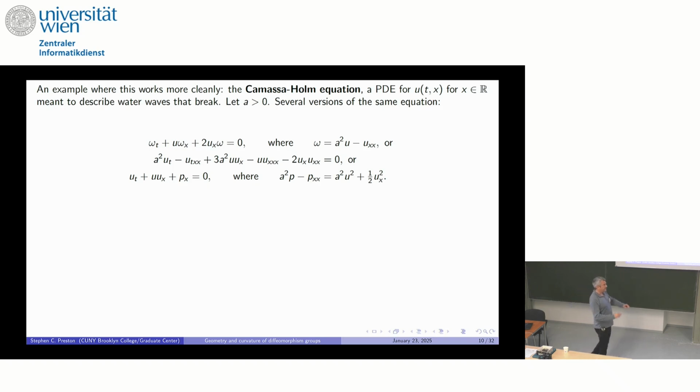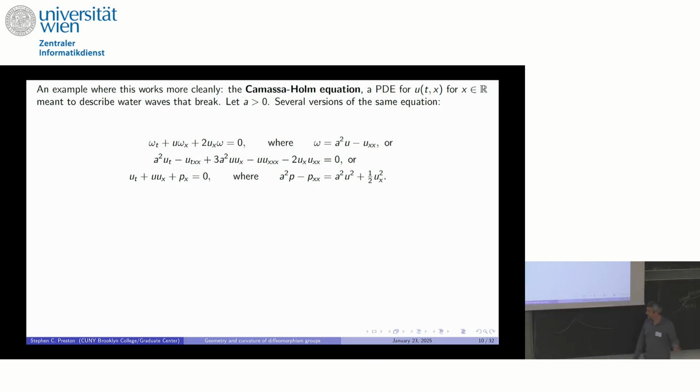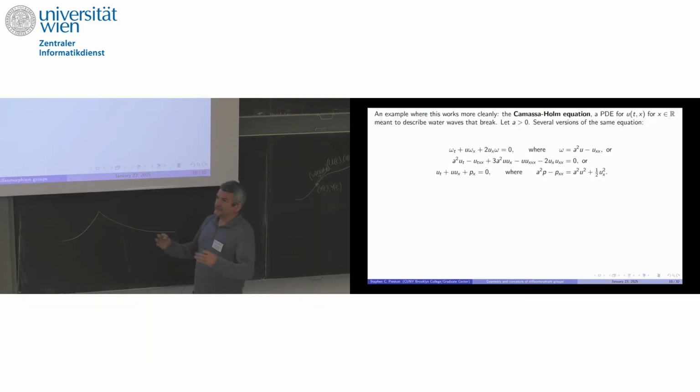Camassa-Holm equation is supposed to describe the evolution of water waves. It's kind of related to the KdV equation that Anton was talking about, but KdV doesn't allow for breaking of water waves, and some people think Camassa-Holm is a better model because it allows for solutions that start off smooth and then may lead to a singularity.